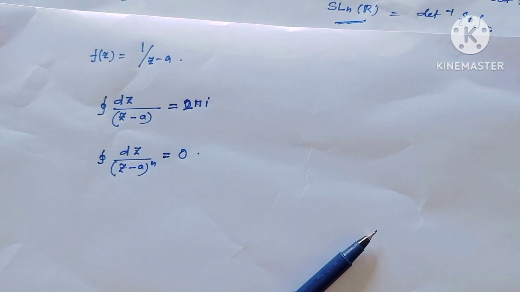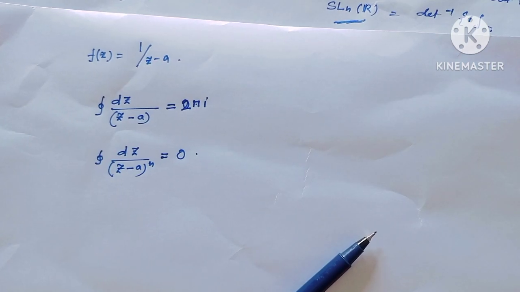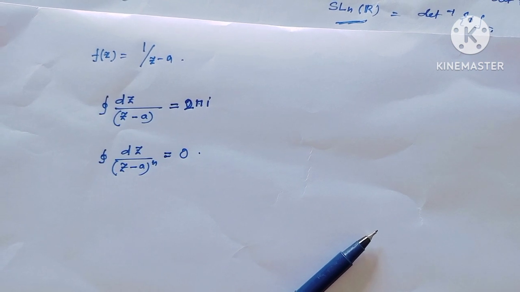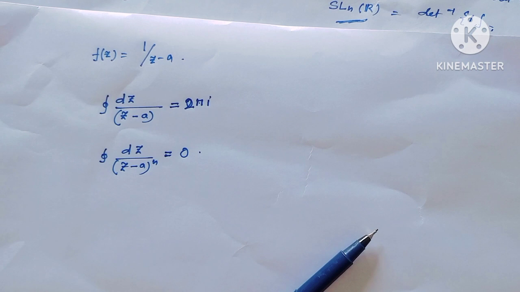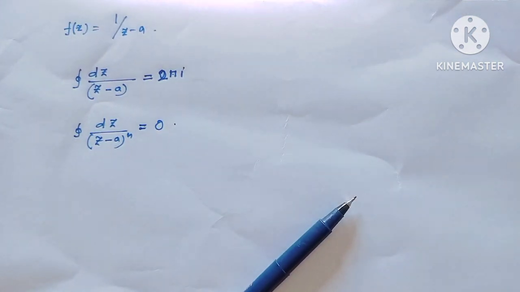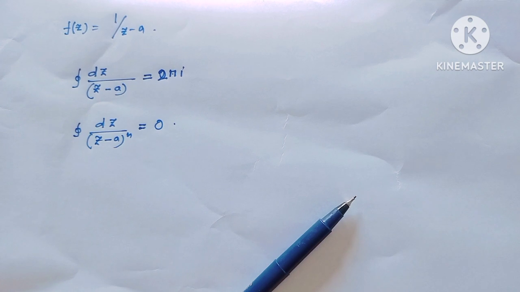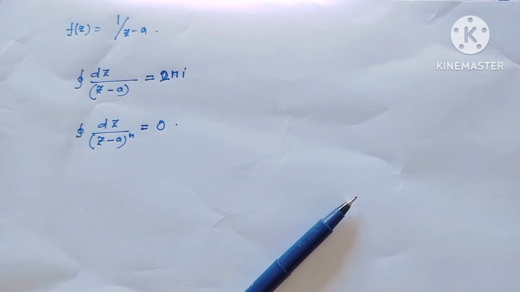That means when f(z) equal to 1 over z minus a, then integration dz over z minus a, this value is 2 pi i, and integration dz over (z minus a) to the power n when n equal to 2, 3, 4 and so on, then this value would be 0.